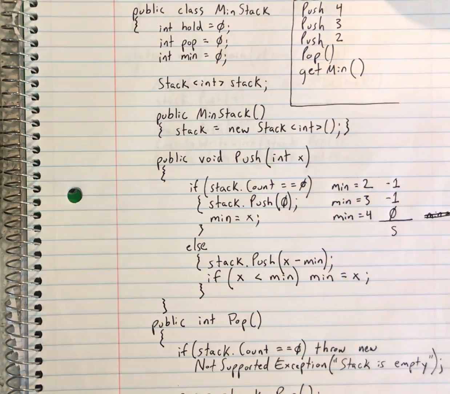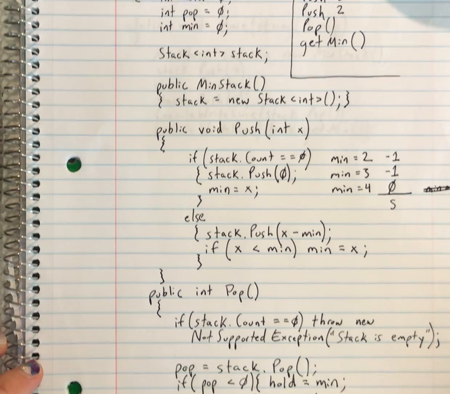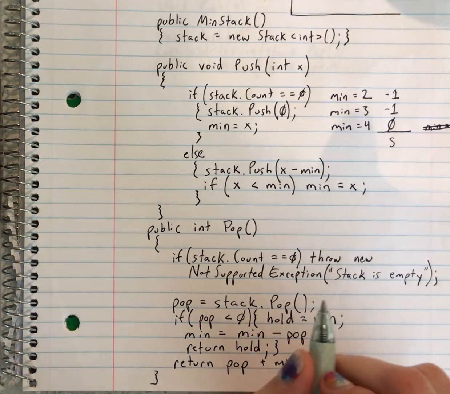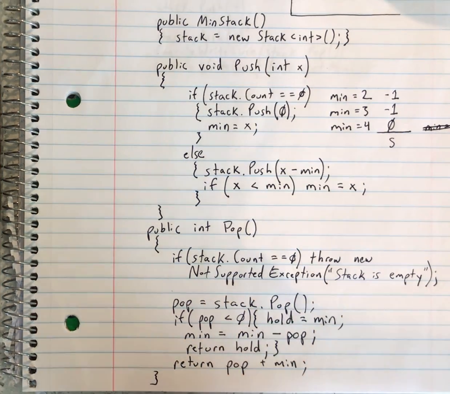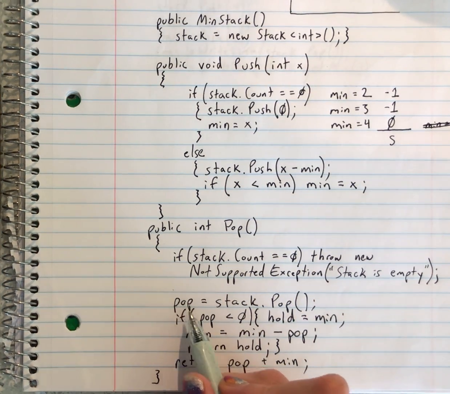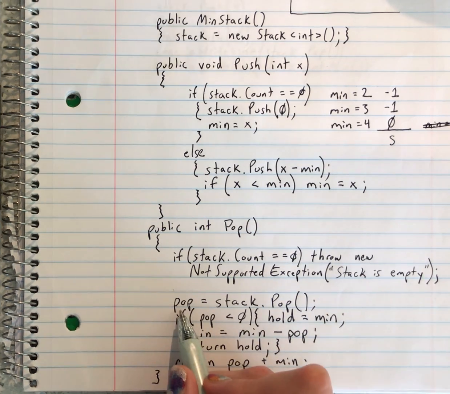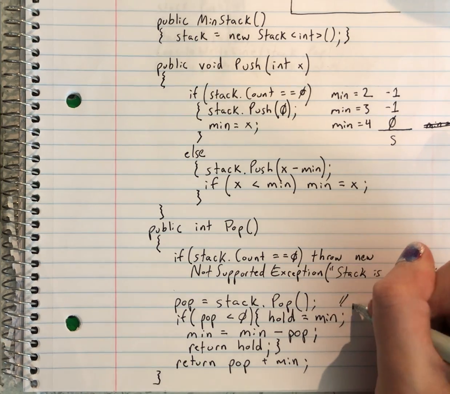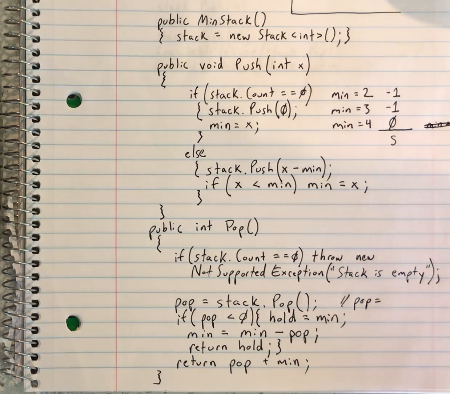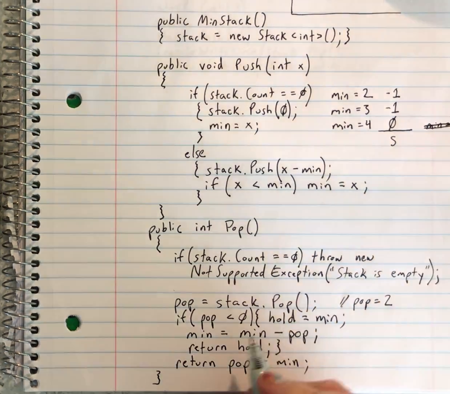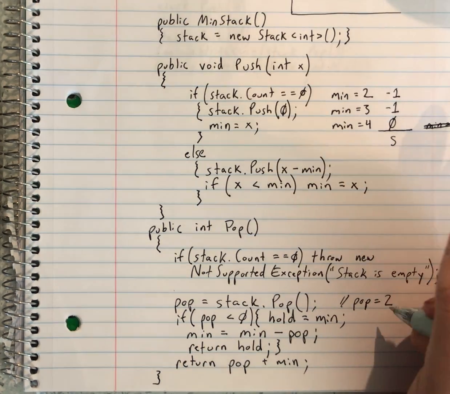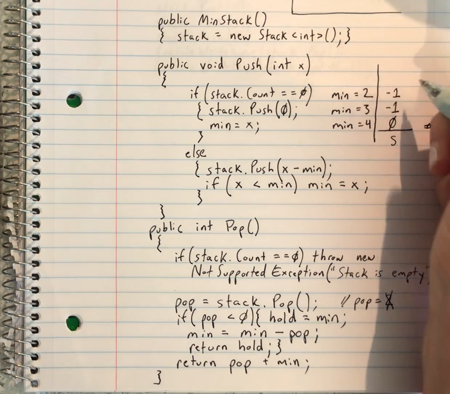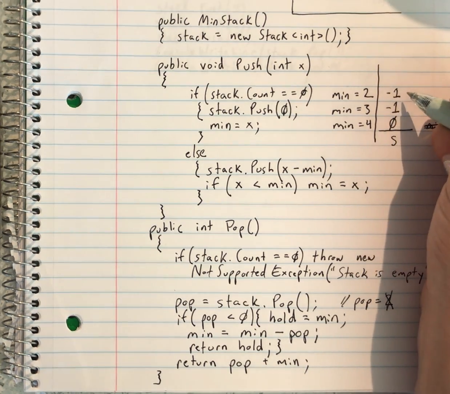Now we'll pop. If stack.count is 0, no, not true. So now we're assigning the popped value to our variable pop. These are the mins, and the value that we're popping is actually -1.